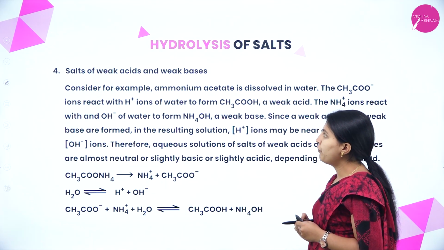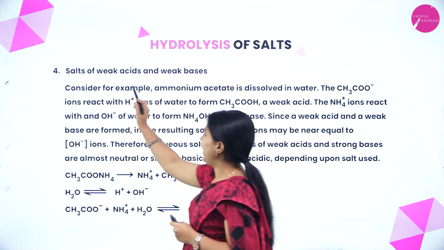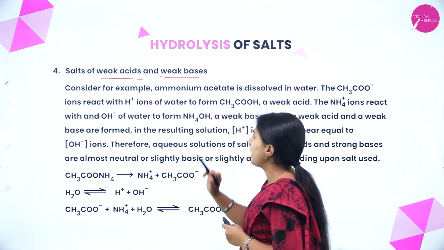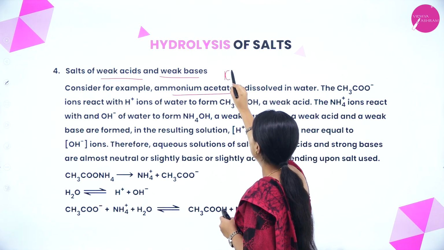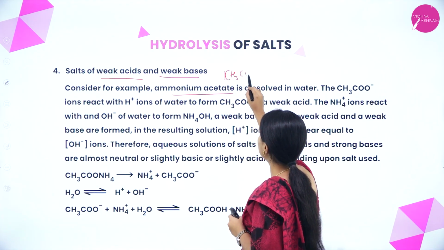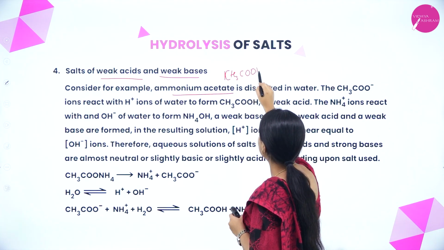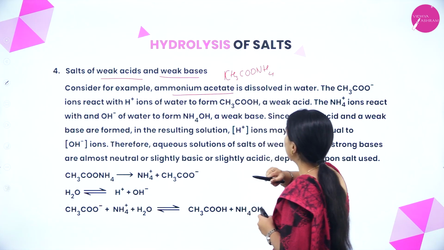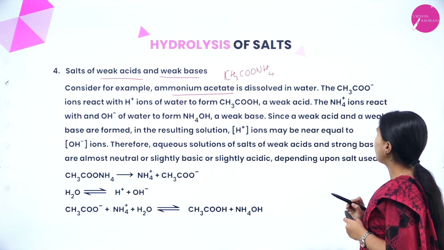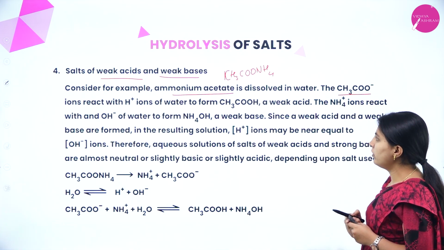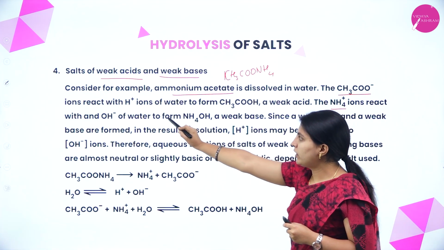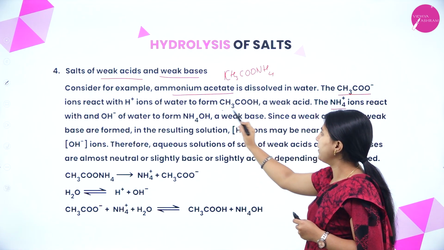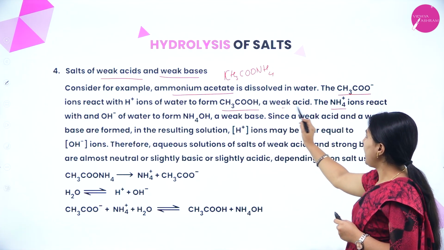Next, salts of weak acid and weak base. Consider for example ammonium acetate. Ammonium acetate is dissolved in water. It will form acetate ion and ammonium ion. Acetate ion will react with H+ ions to form acetic acid, which is a weak acid.